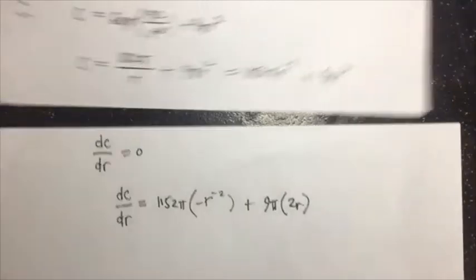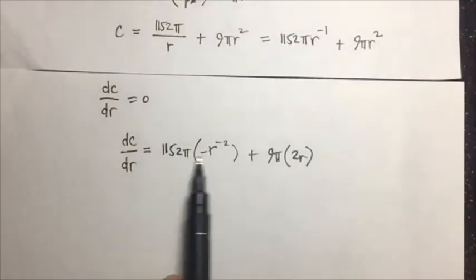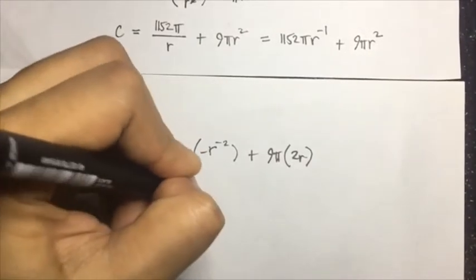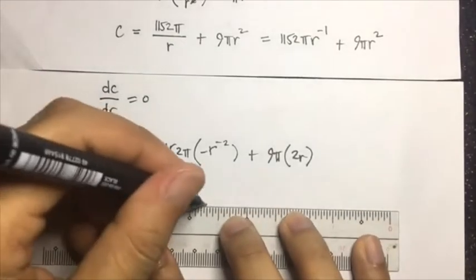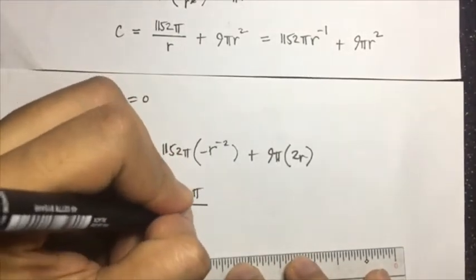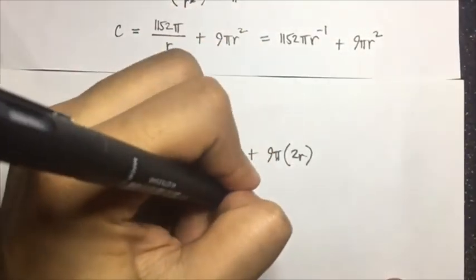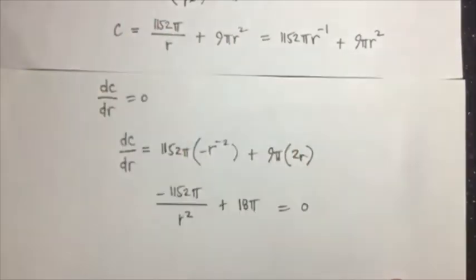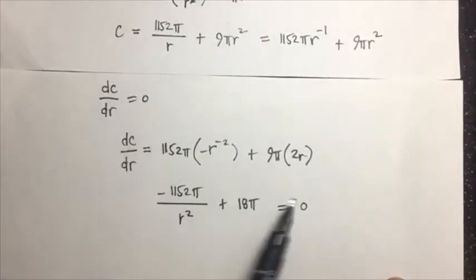Setting that to 0, we can rewrite this as negative 1152 pi over r squared plus 18 pi is equal to 0. So this is the derivative, equated to 0.